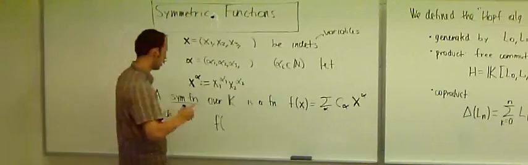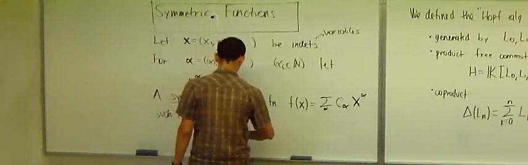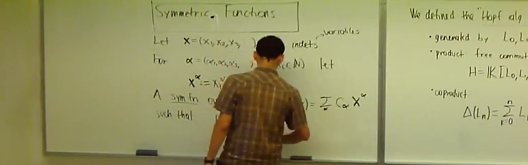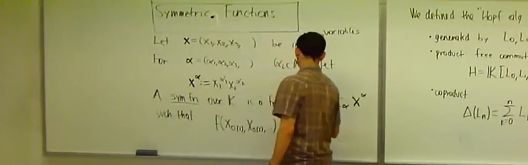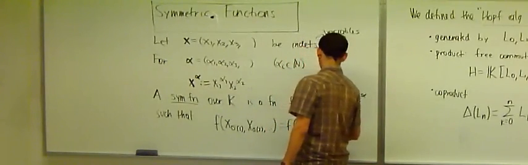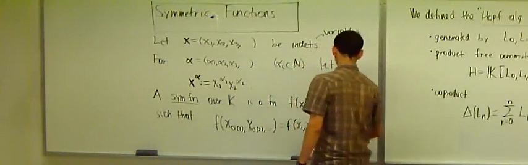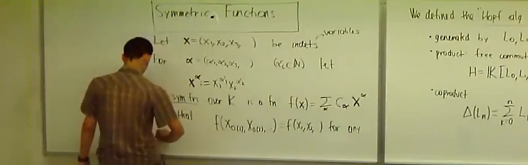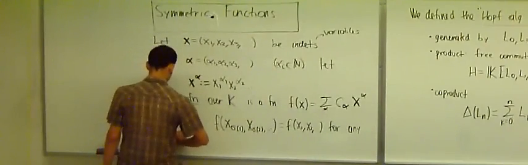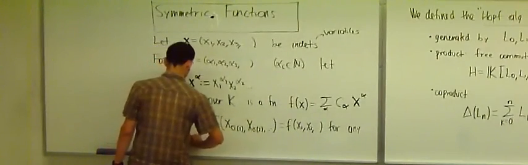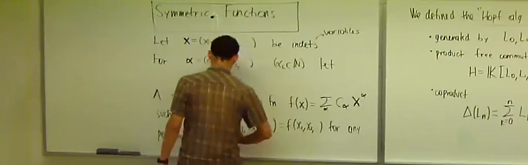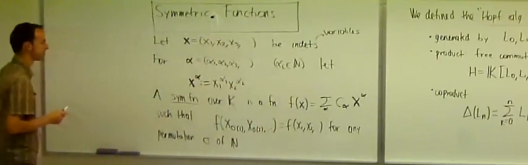So f of x sub sigma of 1, x sub sigma of 2, etc. should be the same thing as f of x1, x2, etc. for any permutation sigma of the natural numbers. Okay.